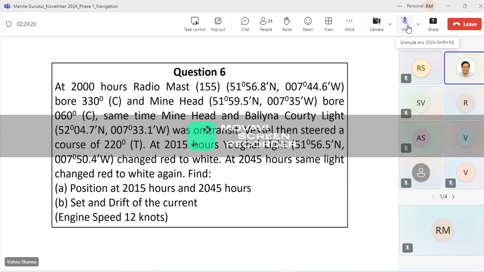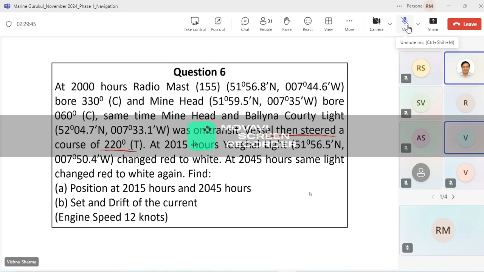The vessel then steered a course of 220 degrees true. At 2015, Yogal light changed from red to white, and at 2045, the same light changed again from red to white. Find the positions.